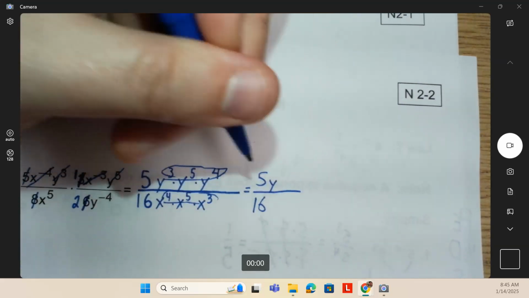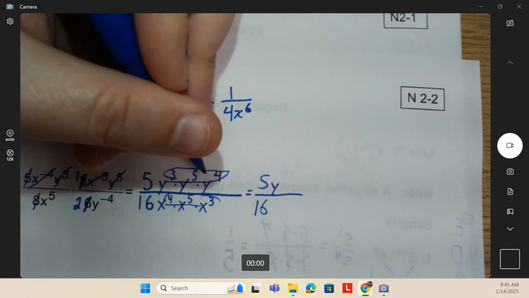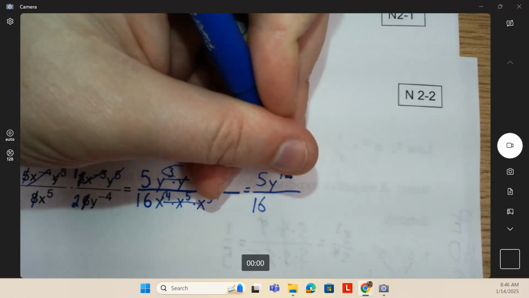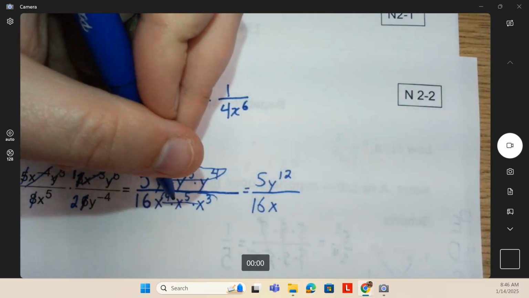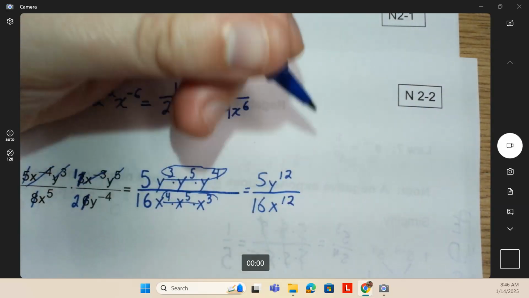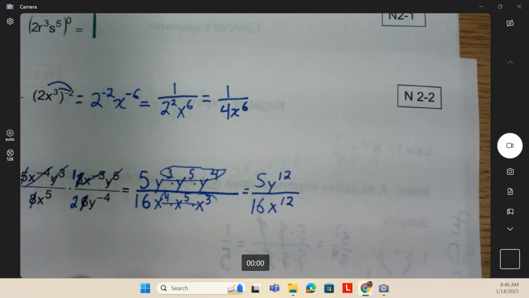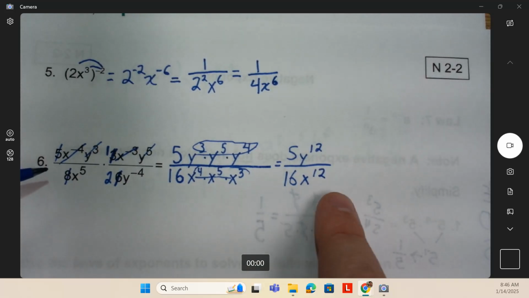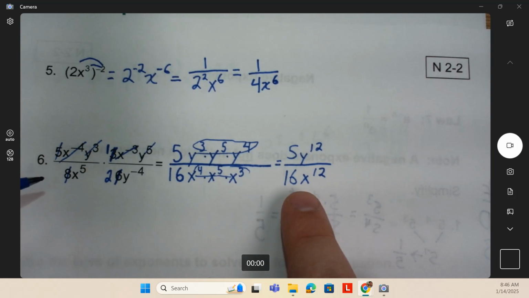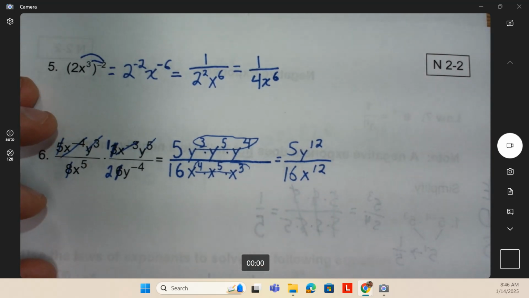And I have y to the 5, 6, 7, 8, 9, 10, 11, 12. Y to the 12th. And x to the 12th. So that gets that as simplified as it'll go. 5y to the 12th over 16x to the 12th.